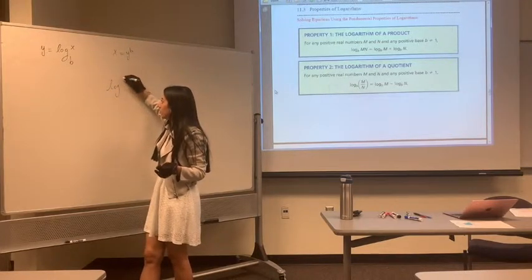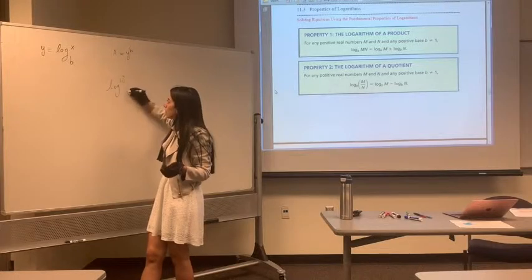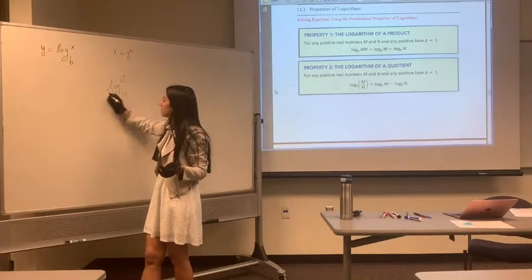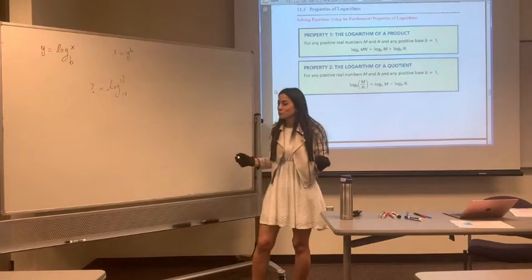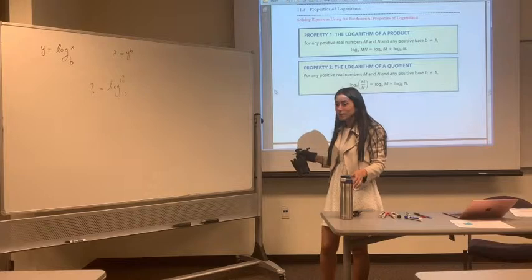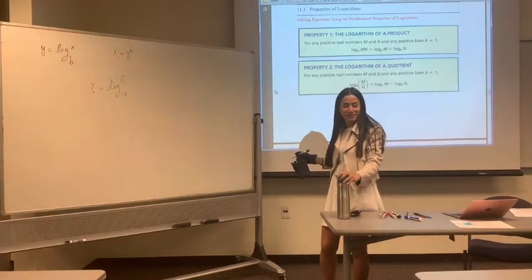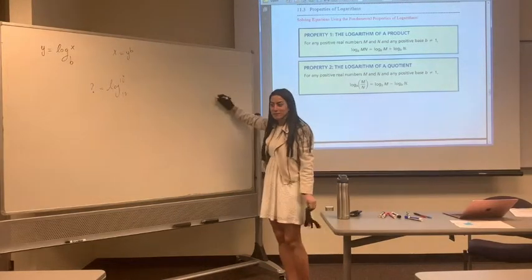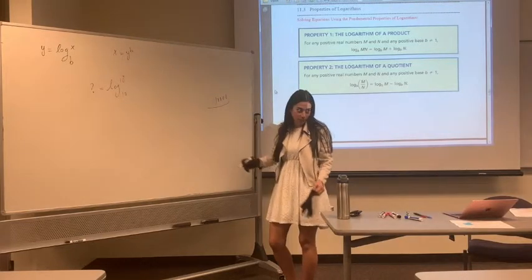Let's see if you remember. 10 to the power 4, we didn't find the power. So what is 10 to the power 4? You should know what 10 to the power 4 is. 10 to the power 4 is 10,000, 1, 2, 3, 4 zeros.